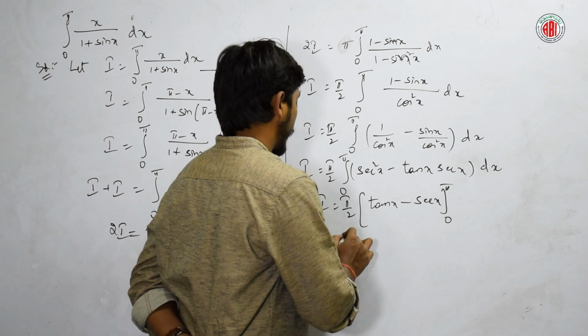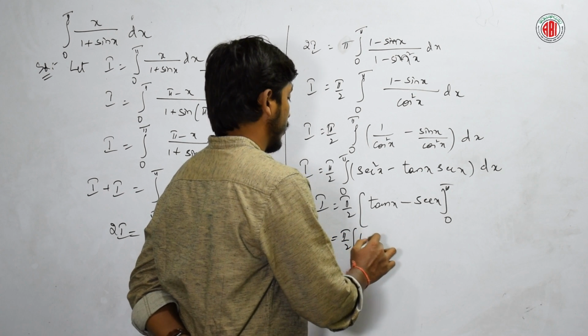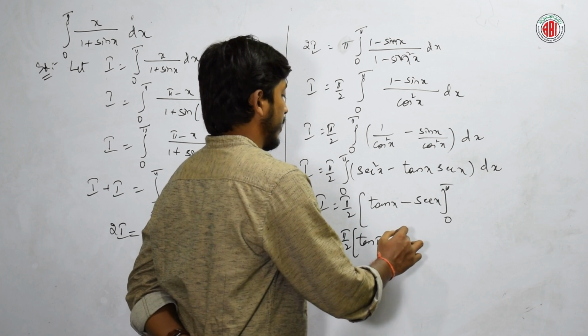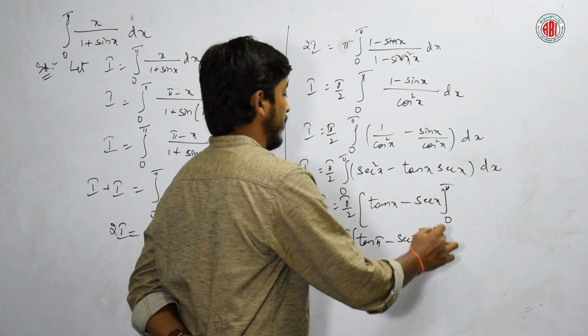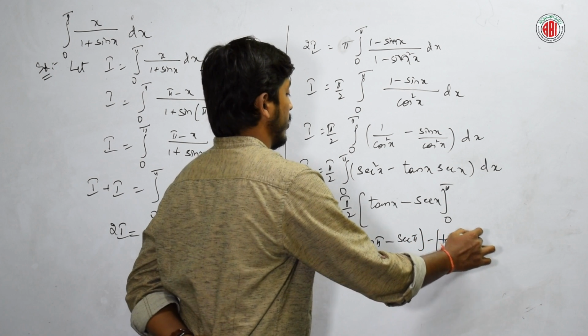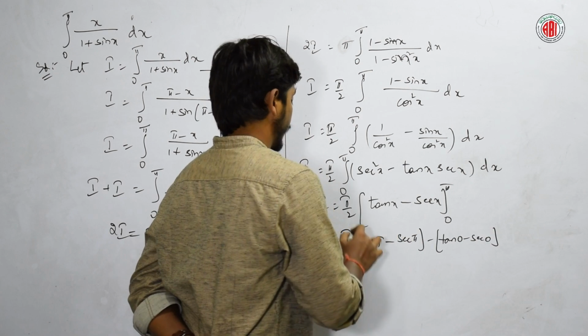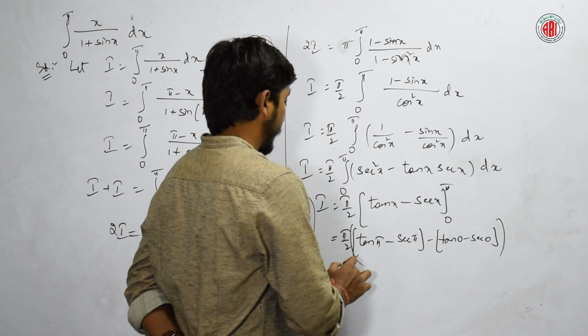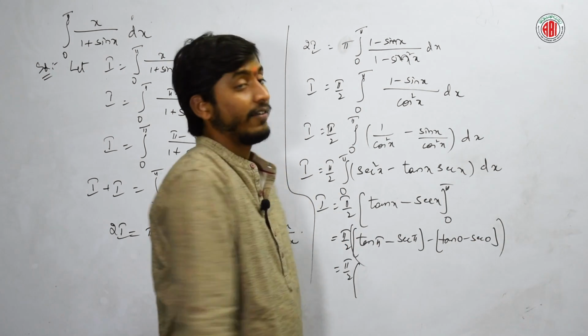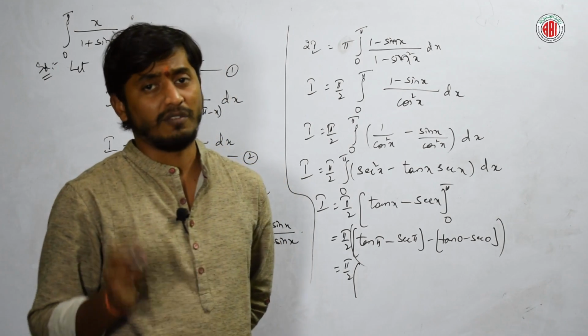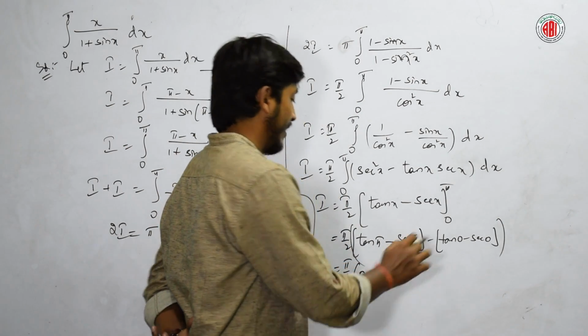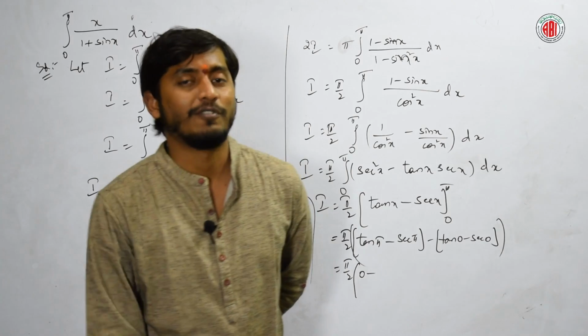So pi by 2 into tan pi minus secant pi minus tan 0 minus secant 0. What is the value of tan pi? Tan pi, sin pi is always 0. What is secant pi? First tell me what is cos pi?